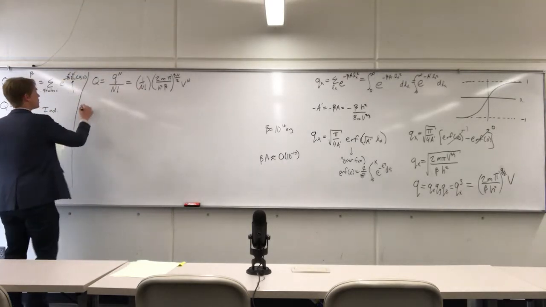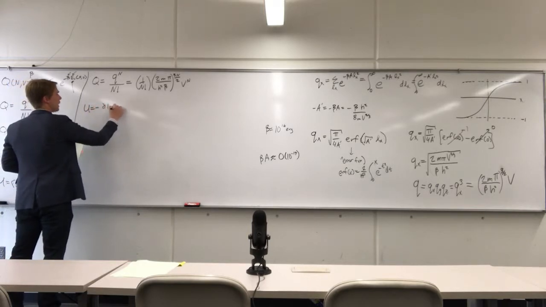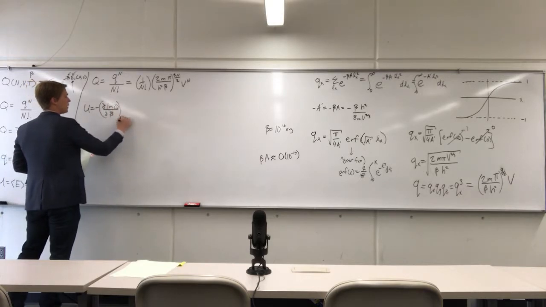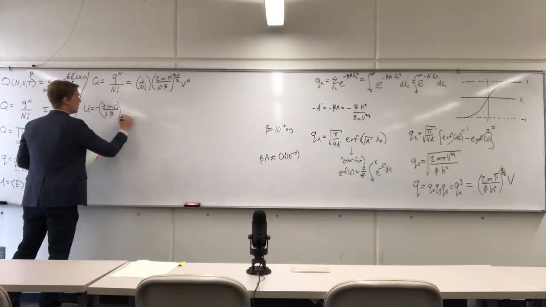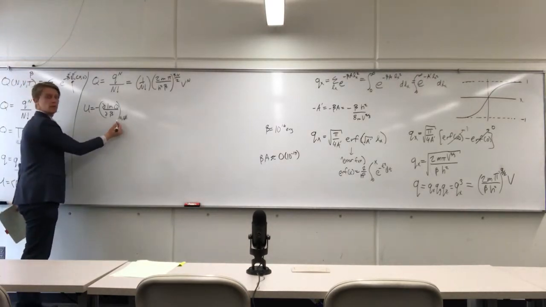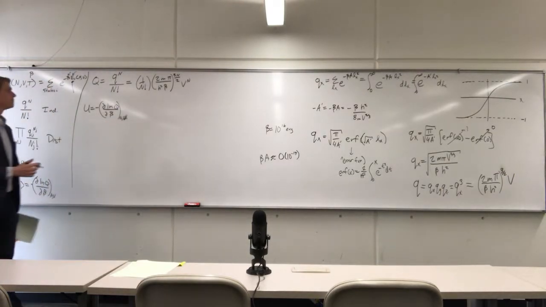So let's calculate the internal energy. The internal energy is equal to the negative of the partial derivative of the natural log of the partition function with respect to beta, holding the number of particles and the volume constant. Again, these are just kind of courtesy reminders, because when we take the partial derivative, all of the other variables are constant.